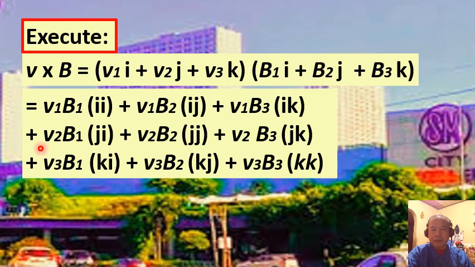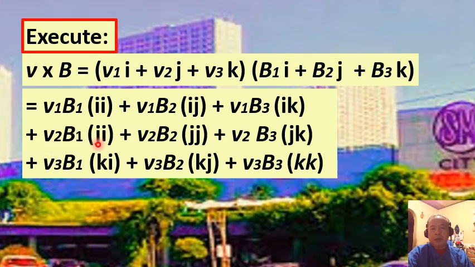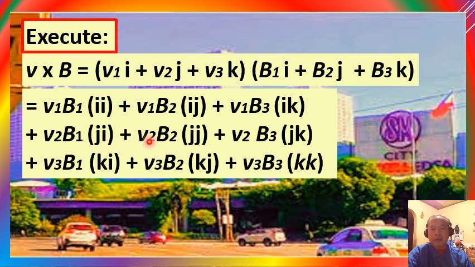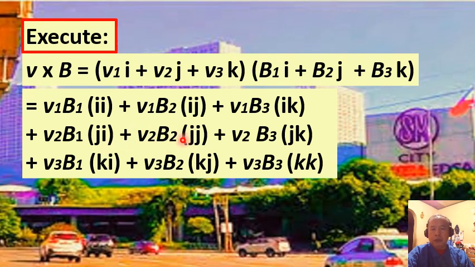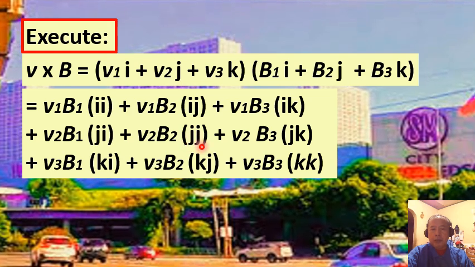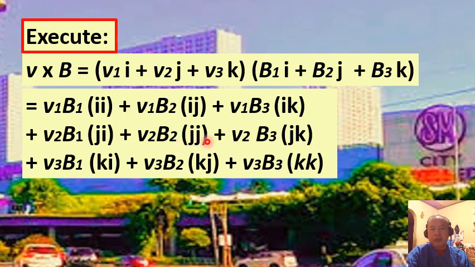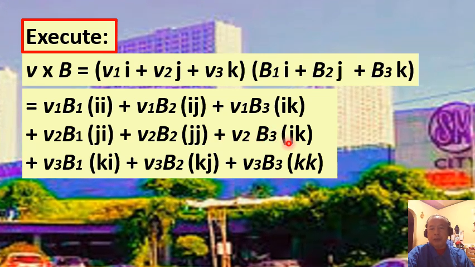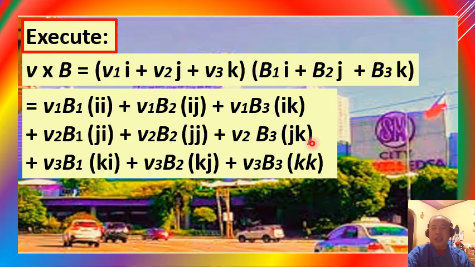Where we get positive v2 b1 times the cross product of the unit vectors j and i, plus v2 b2 multiplied by the cross product of j and another j, plus v2 b3 multiplied by the cross product of the unit vectors j and k.